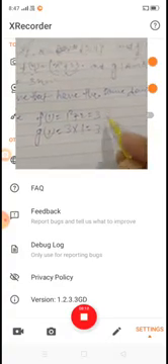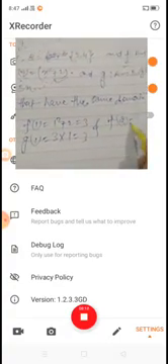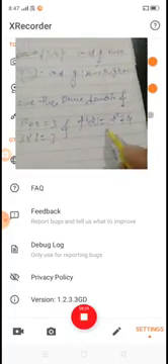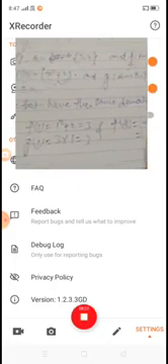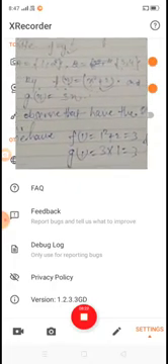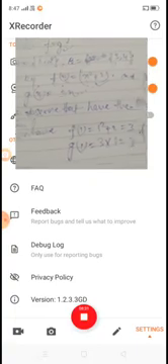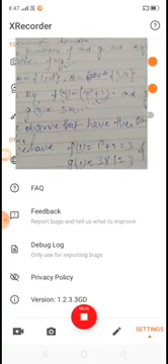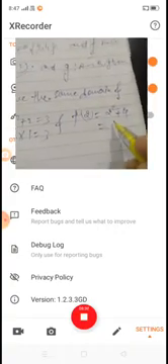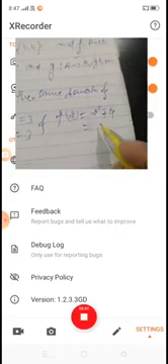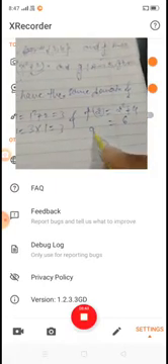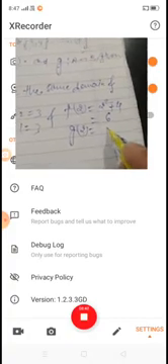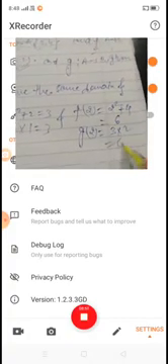And f of 2 is equal to 2 square plus 2, which gives 6, and g of 2 is also equal to 3 into 2, that is 6.